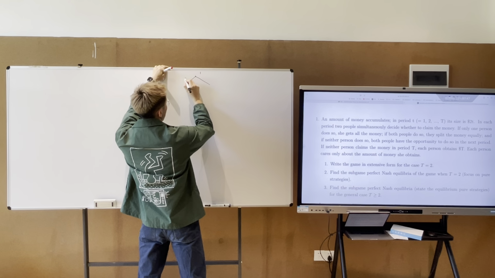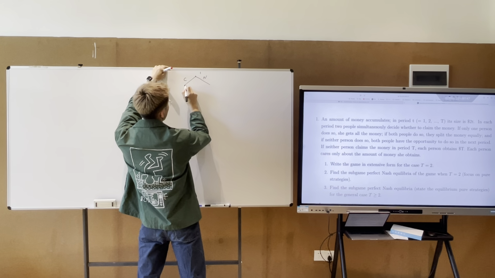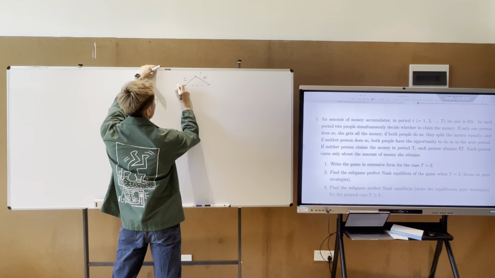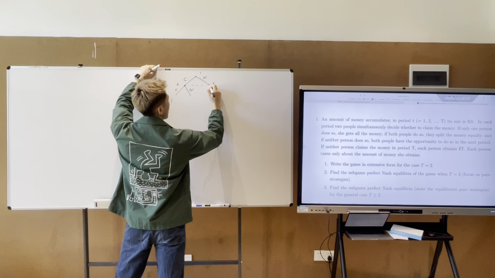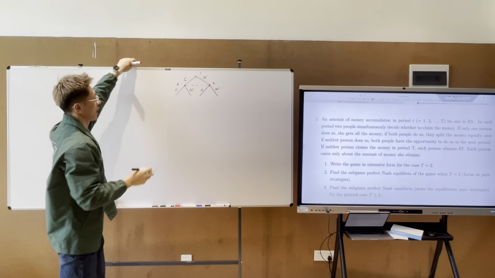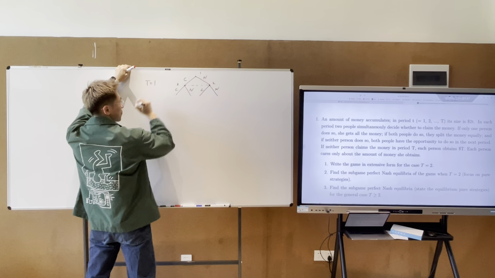Player 1 decides whether to claim or not claim. And player 2, the same, decides whether to claim or not claim simultaneously. Okay, so this is period 1, t equals 1.